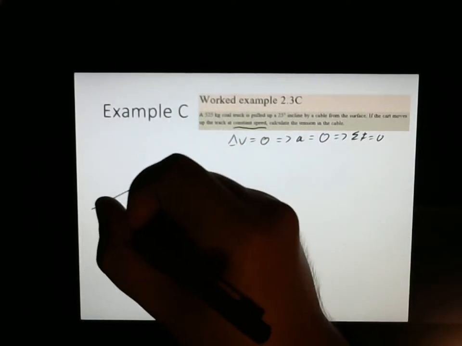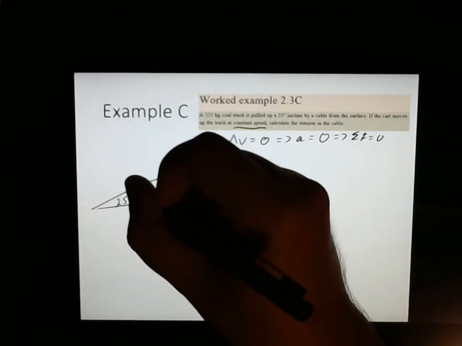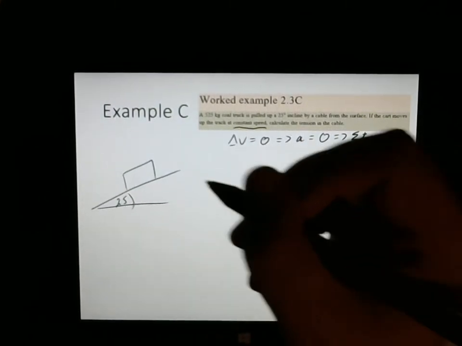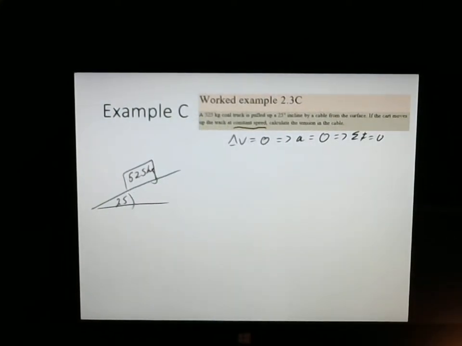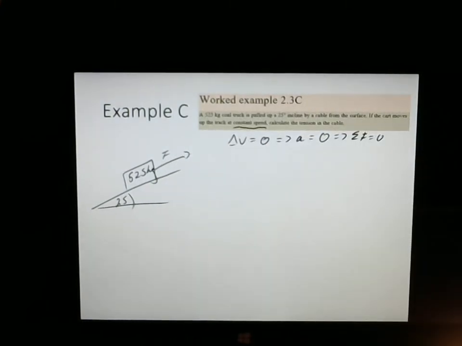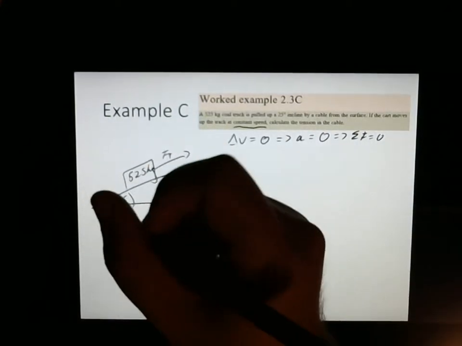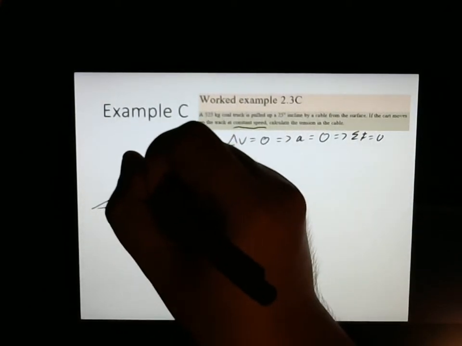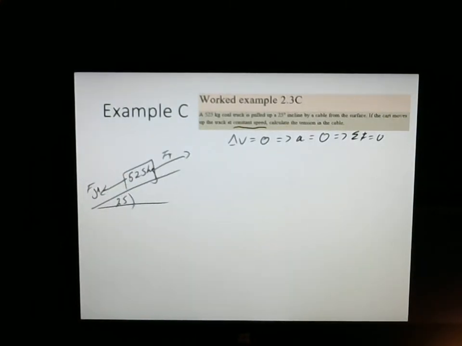That's a really important thing to recognize, because we're going to need that information. Let's draw our inclined plane. This is at 25 degrees, and we have our mass of 525 kilograms, and we have a tension, some sort of force pulling it up. But it's an object on an inclined plane, so there must be a force of gravity pulling it back down.